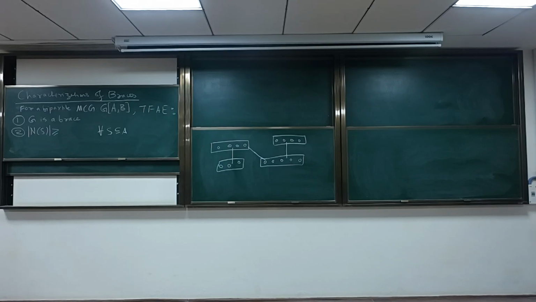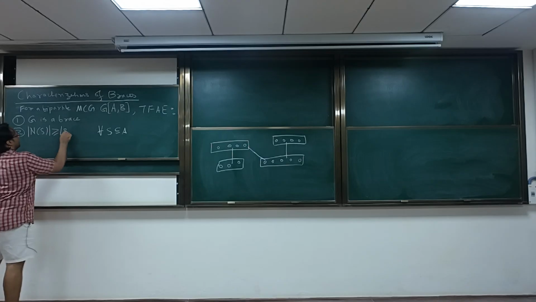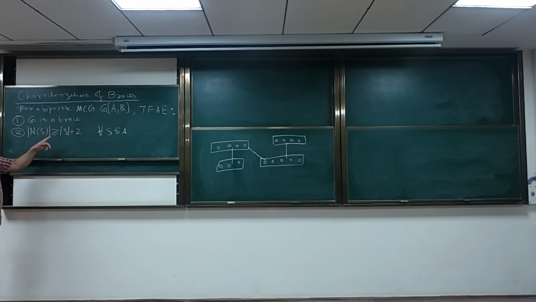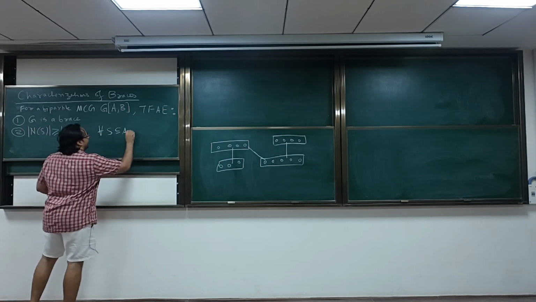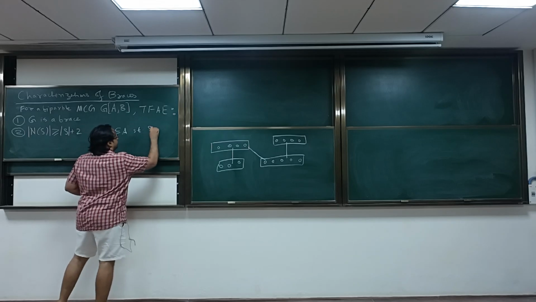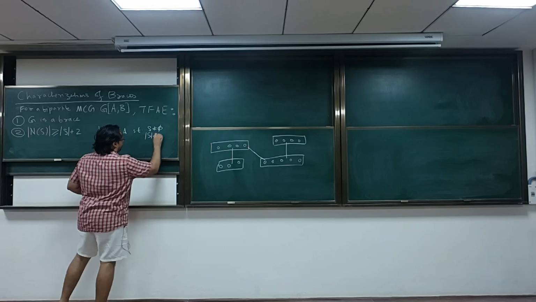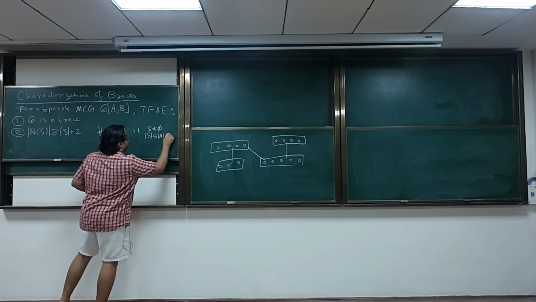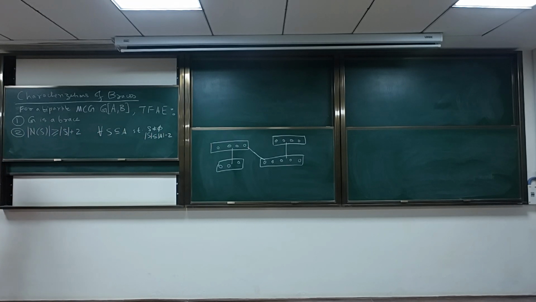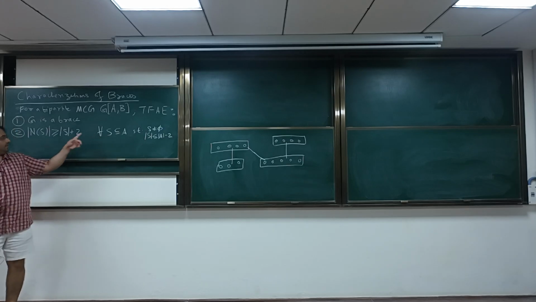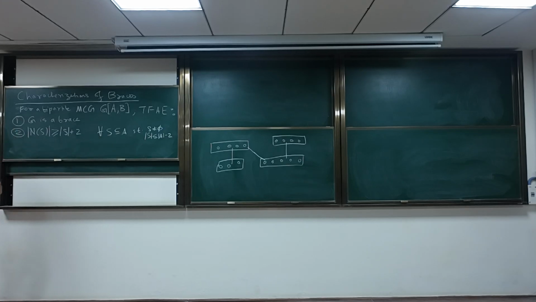Plus 2. Well, it can't be plus 2 for the empty set, and it can't be plus 2 for almost everyone but one vertex. So therefore S is not empty, and the cardinality of S is less than or equal to the cardinality of A minus 2. For all such subsets, the neighborhood should be at least 2 more than its own cardinality.